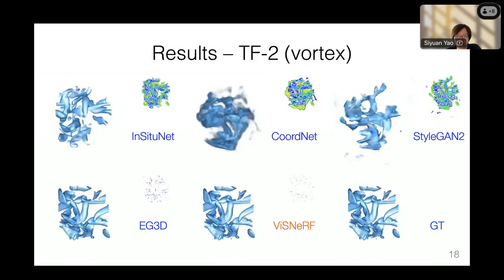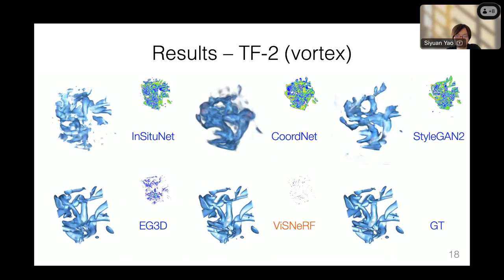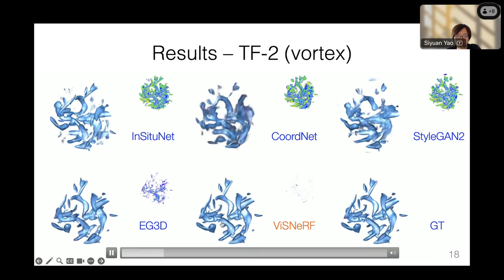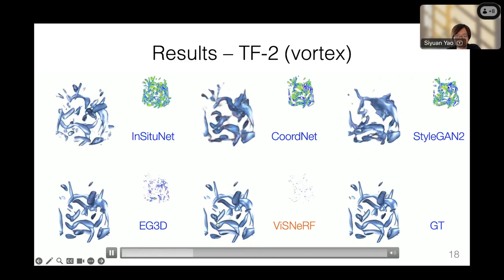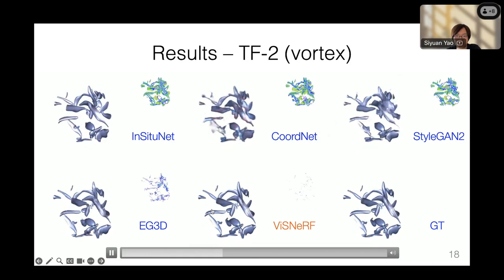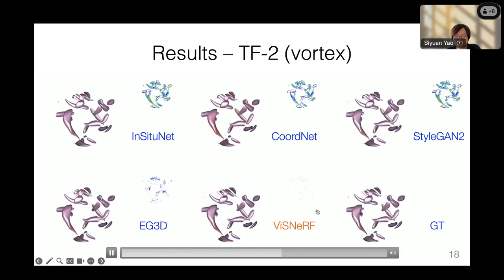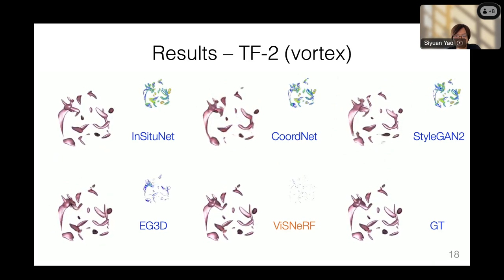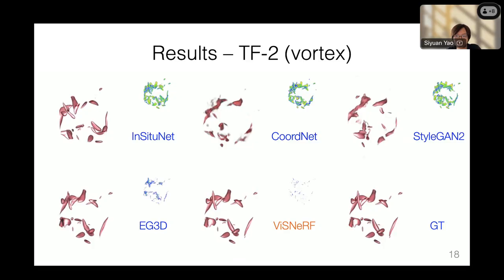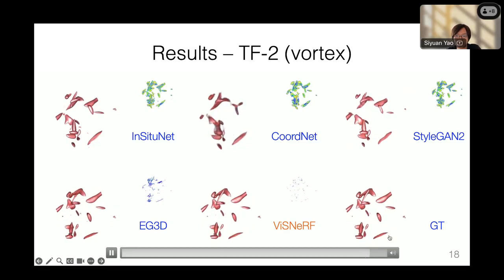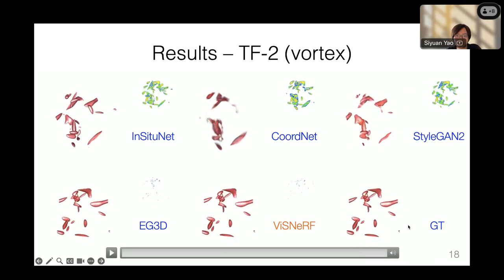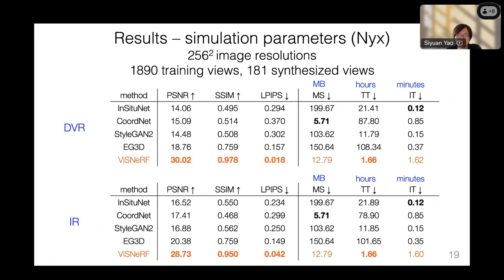And also in another example here, you can see the change of color and also visible regions. And the last example is interpolating between simulation parameters using the Nyx dataset.